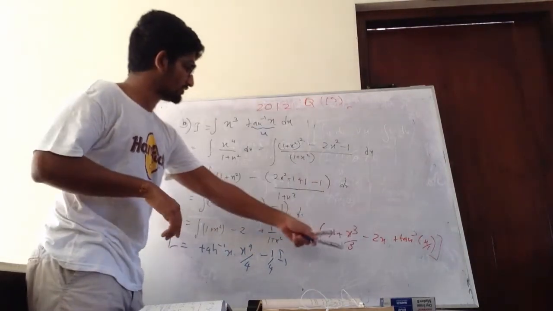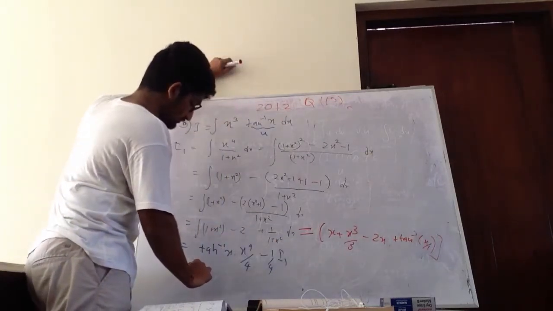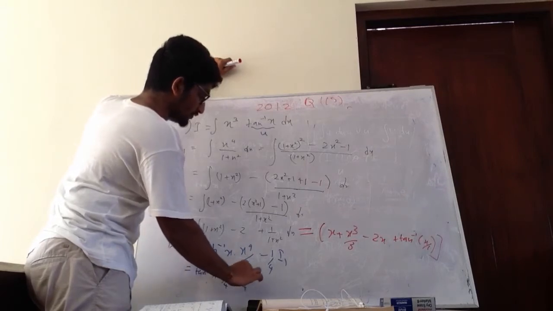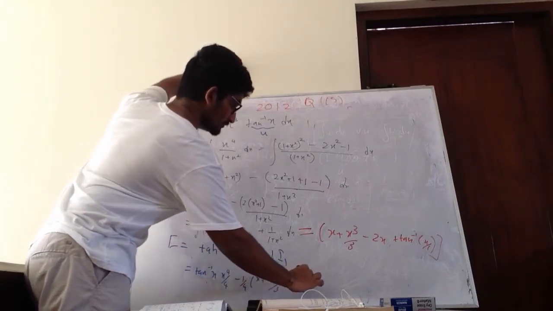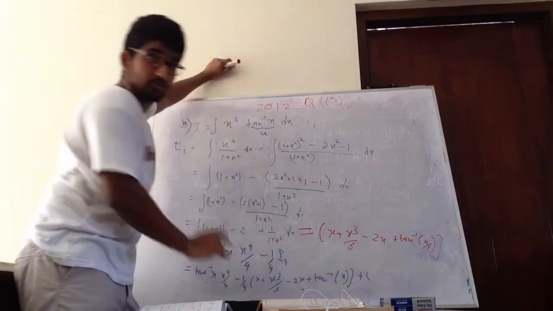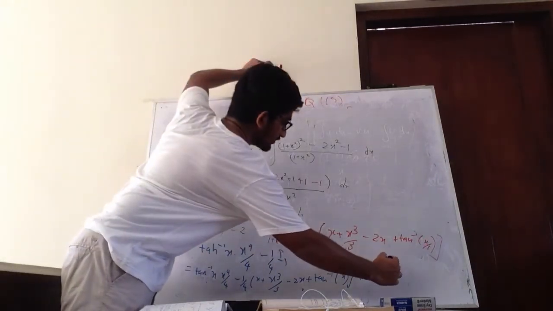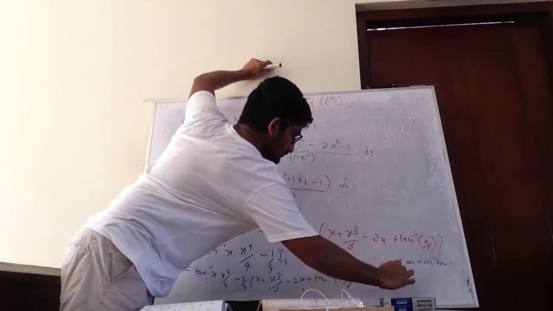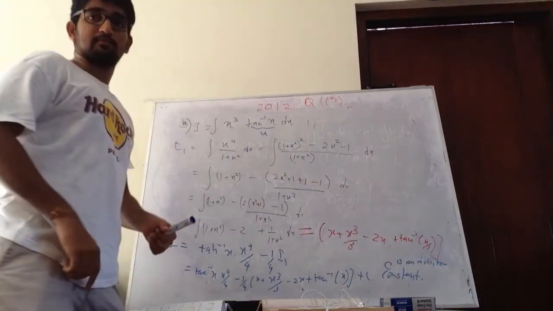So you have this I₁ here, that is x³ over 3 minus x plus tan inverse x, minus 1 over 4. So you always put a C, and you have to say C is an arbitrary constant. Right, so that's basically it.